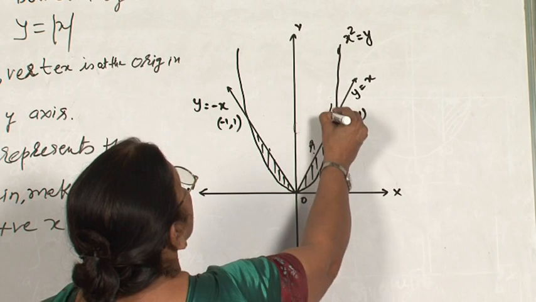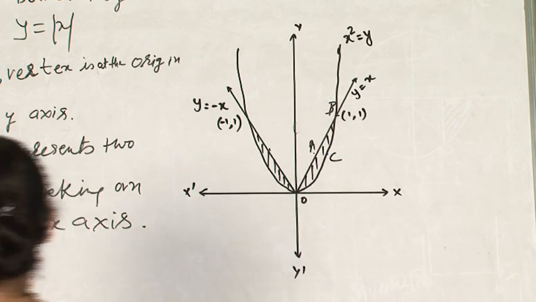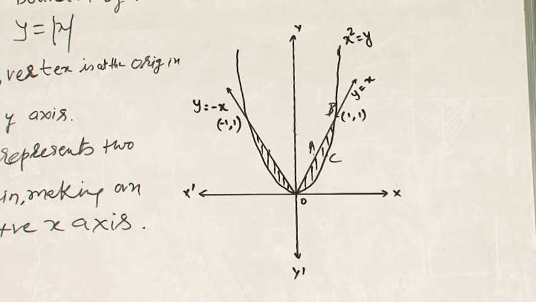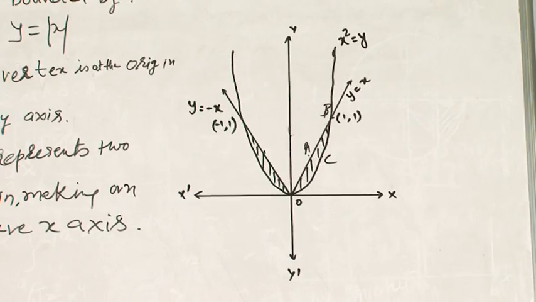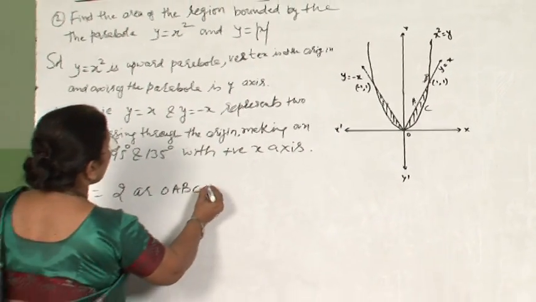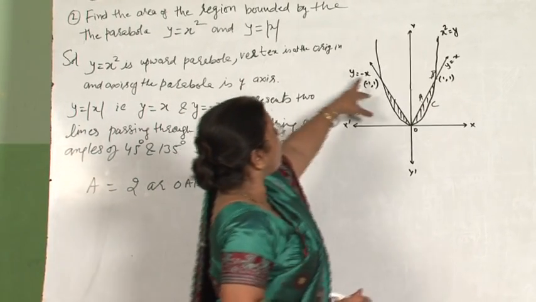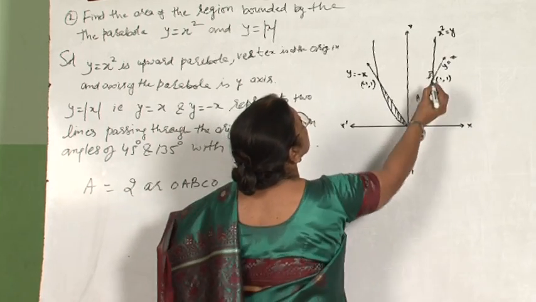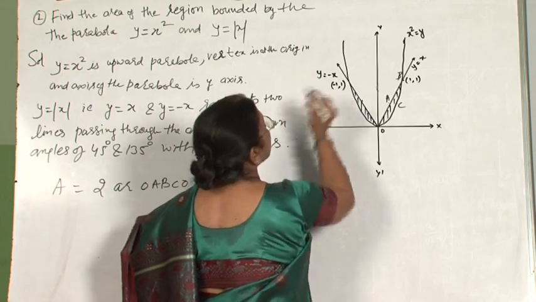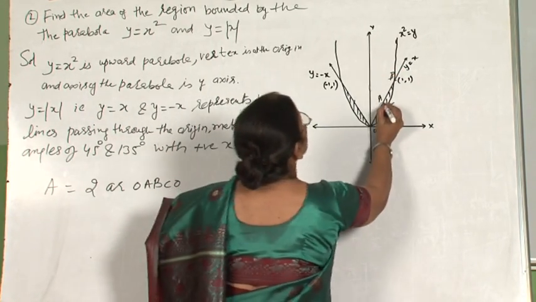These points are A, B, C, D. So, the area of the bounded region can be written as 2 times the area of O, A, B, C, O. Now, these lines intersect the parabola at 1, 1 and on this side at minus 1. Now, we will consider this part. Now, let us draw a strip.